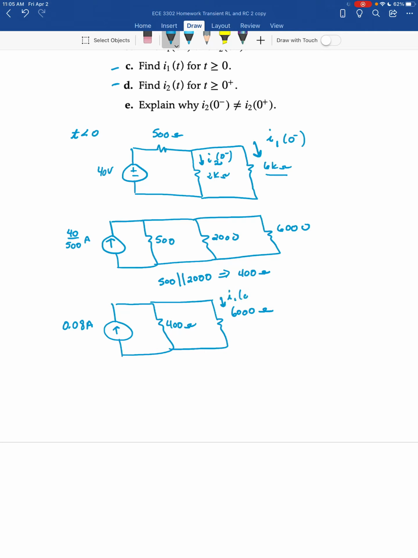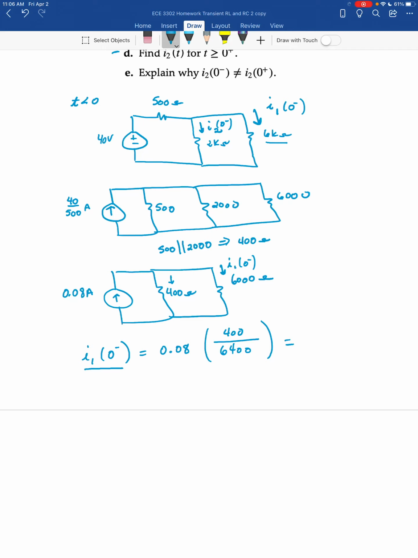So if I do that, I get I1 at 0 minus. Remember, it is the total current times the one you don't want, which is the current through the 400 ohm resistor, over the sum of the two. We can do that really quickly on a calculator, or I'll leave you to do that on your calculator, but that'll give you the initial value.